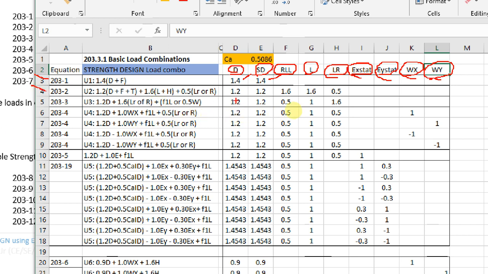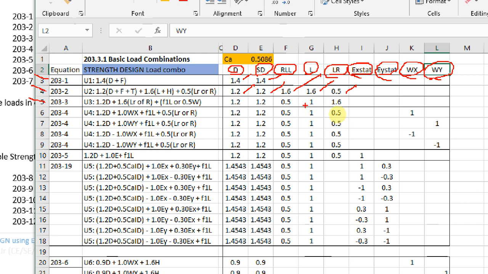Okay, suppose we have this load combo, equation 203-3. So, naging 1 yung live load and yung reducible live load naging 0.5. Then yung roof live is 1.6.